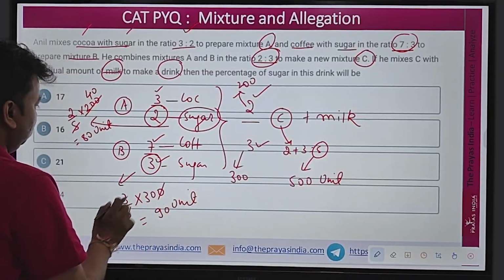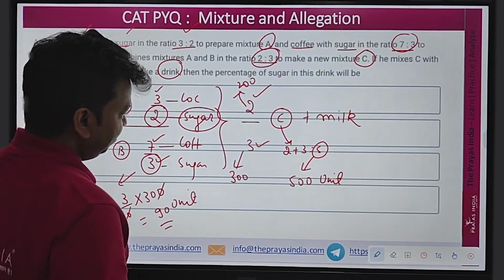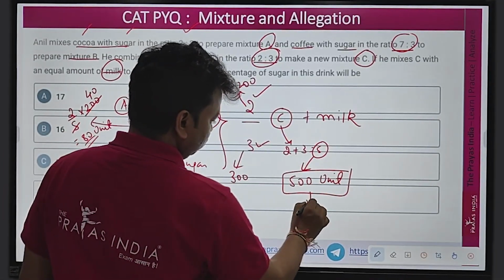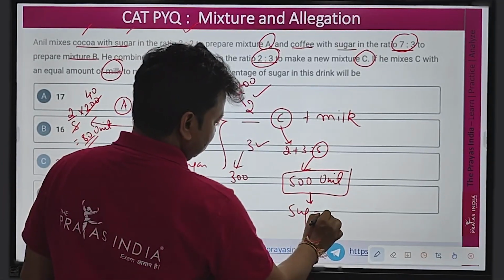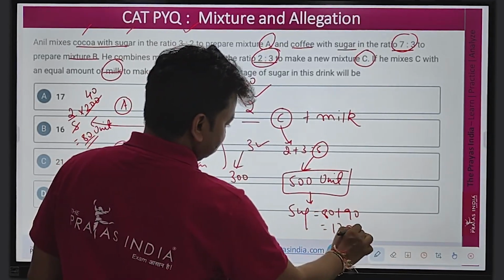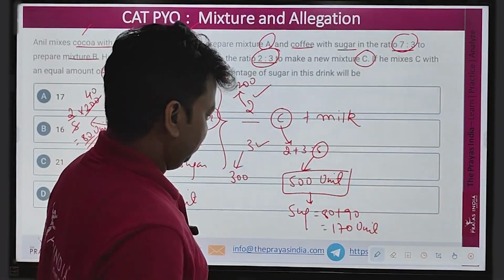So 80 units in A and 90 units in B. So it means that in the 500 units C has, the sugar is 80 plus 90, that is going to be 170 units.